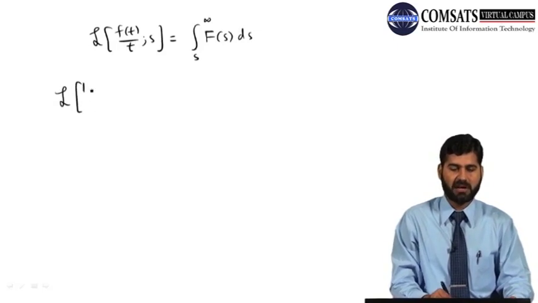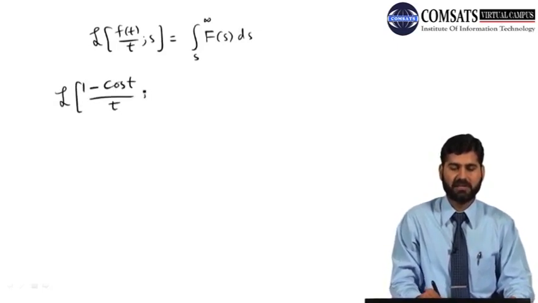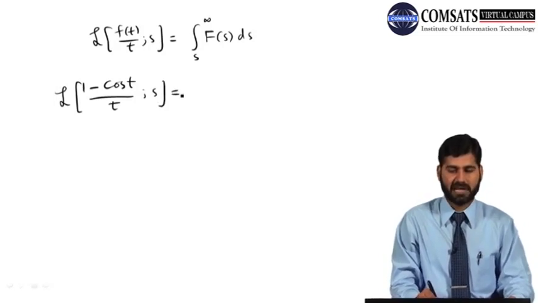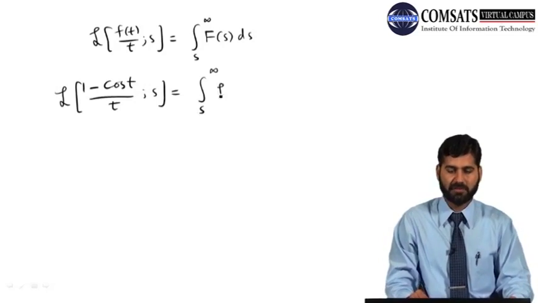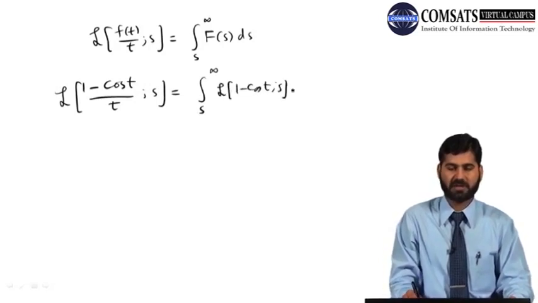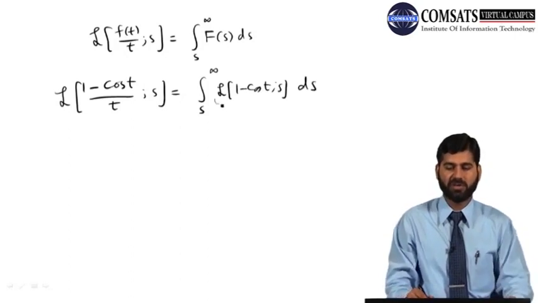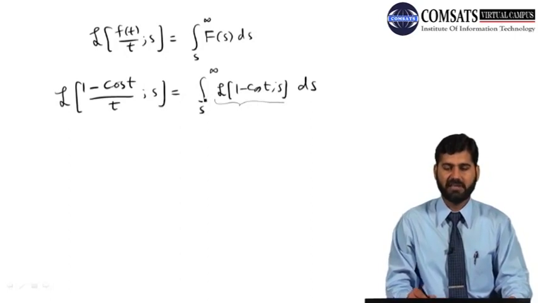As an example, I wrote (1 minus cos t) over t. That will be the integral of the Laplace transform of 1 minus cos t with respect to s. So you need to take the Laplace transform of only 1 minus cos t. The 1 over t converts this to integration.